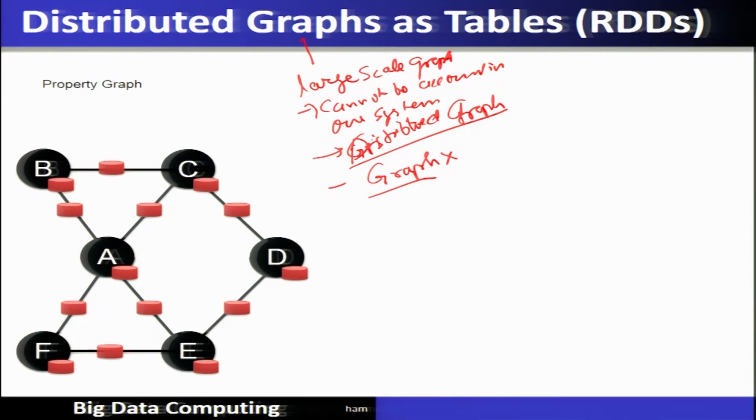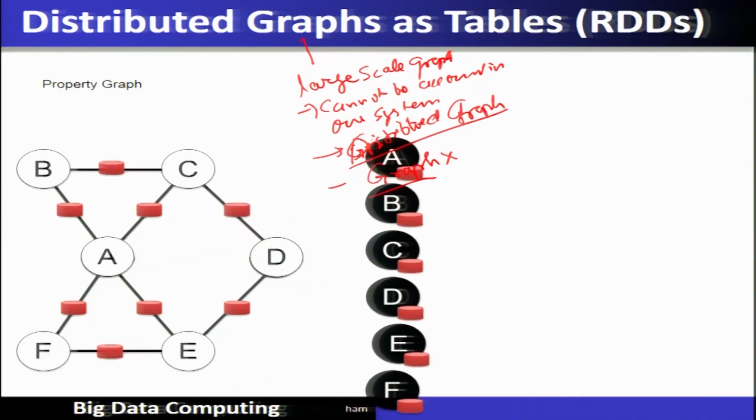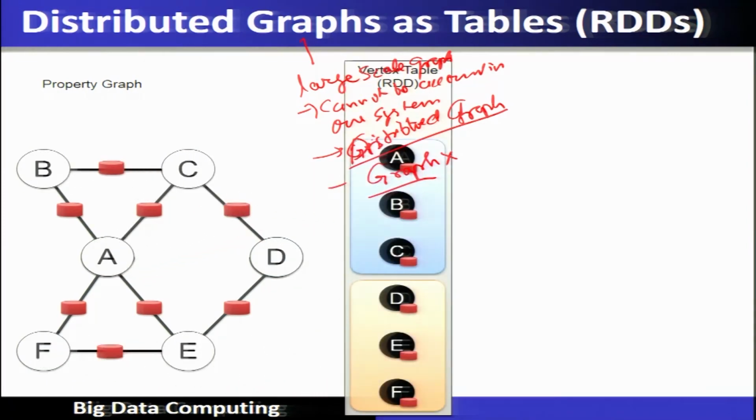So, this is an example of a small property graph. Let us see how it is done in GraphX. The graph comprises two tables.